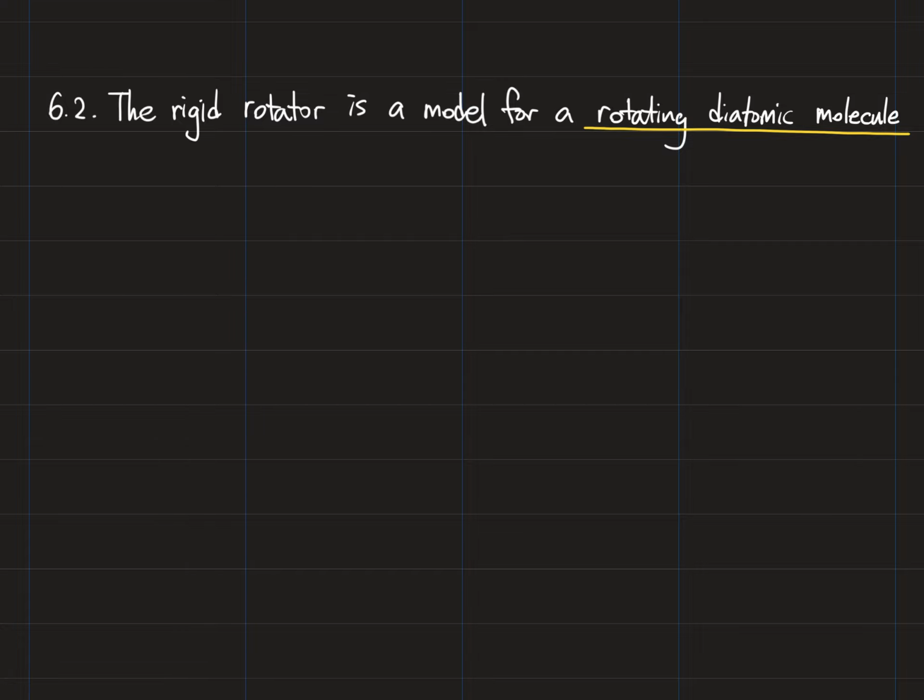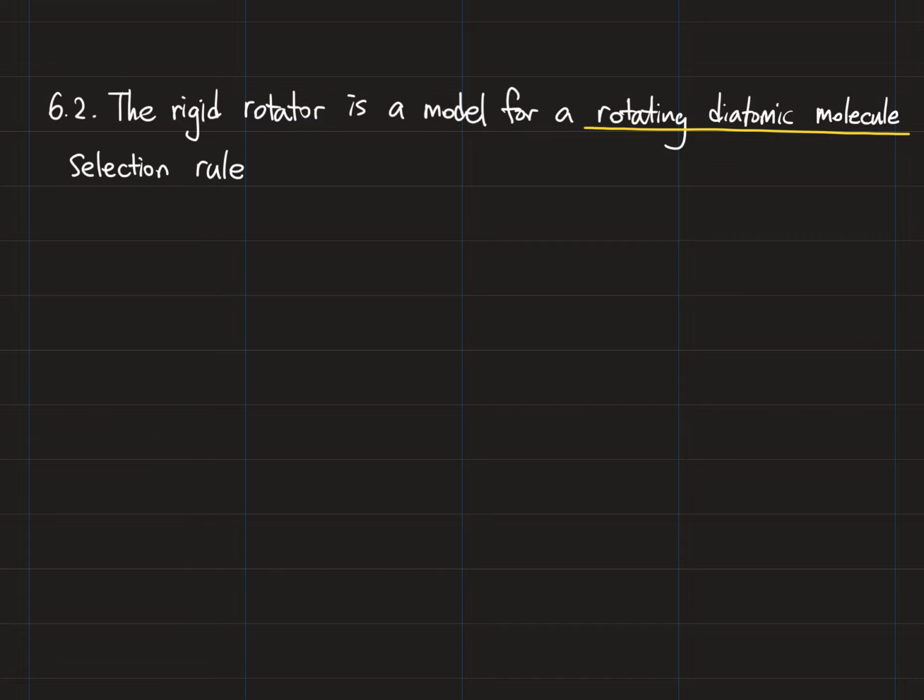The rigid rotator can describe motion in the frequency region of the microwave. Okay, so let's not assume what the textbook said. Let's verify it.